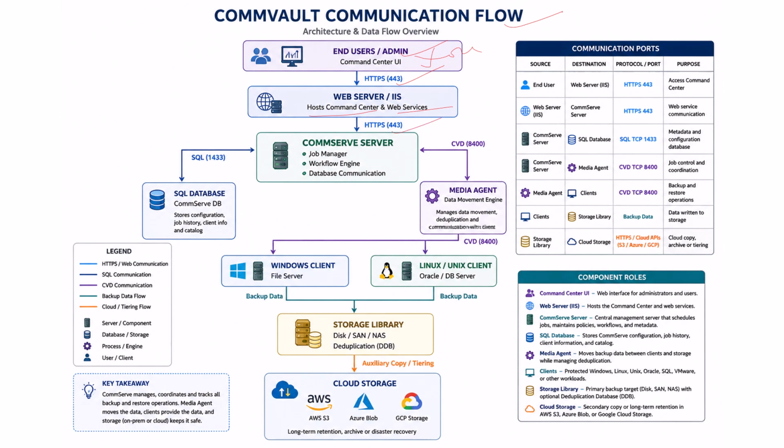The brain, we call it the CommServe, has the job manager, workflow engine, and database communication. SQL uses 1433. The SQL database, the CommServe DB, stores configuration, job history, client info, and catalog.